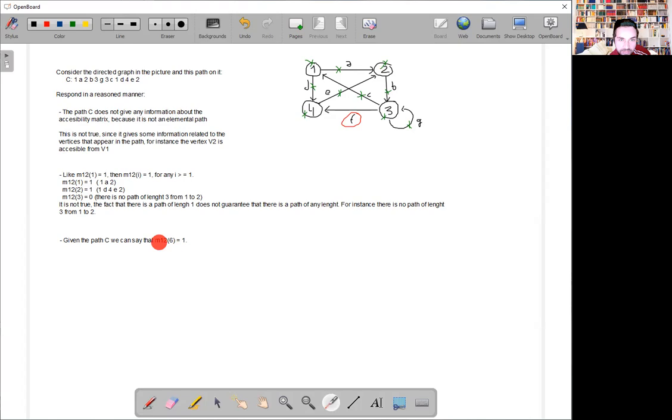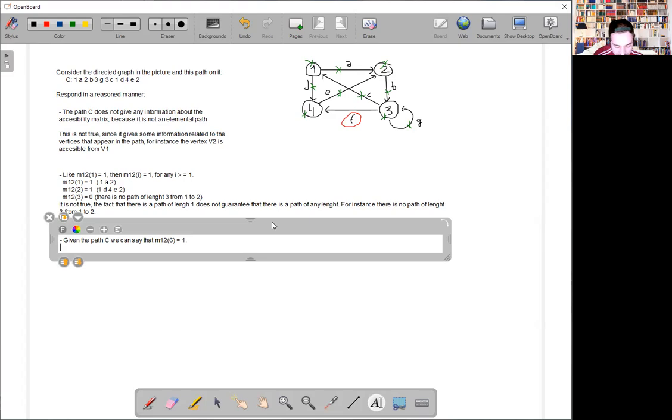So we need to check if 1 and 2 are connected by a path of length 6, right? Let's write it down here. We need to check if the nodes 1 and 2 are connected by a path of length 6. That will mean that there is a 1 in that position of the accessibility matrix.